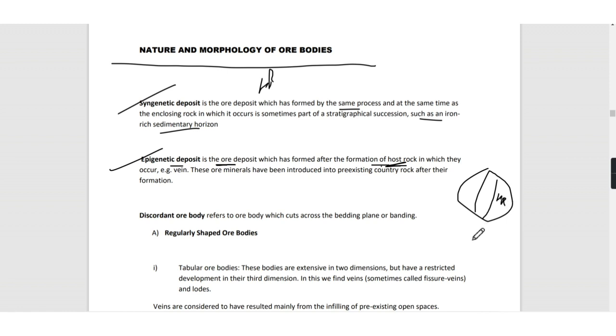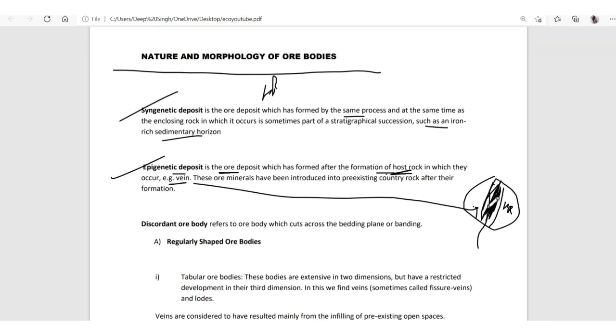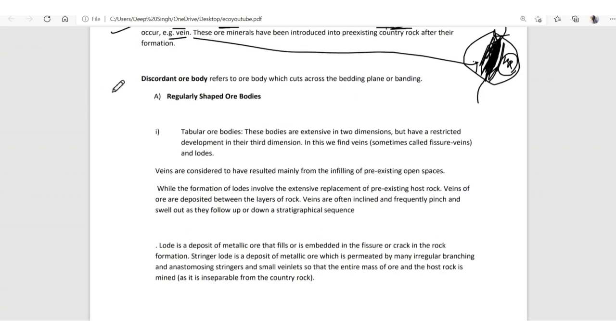And after some time, due to some activity, this crack gets filled with some other minerals. This will form the vein. So this part will be called a vein, present in the host rock. Here the host rock was already present and after that ore is getting deposited, right?